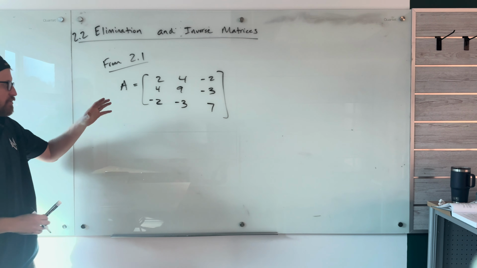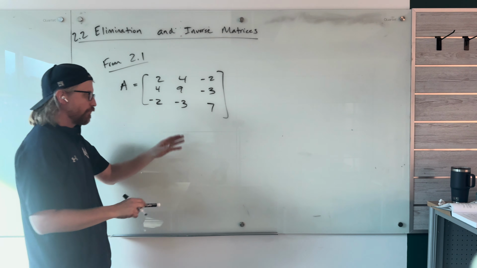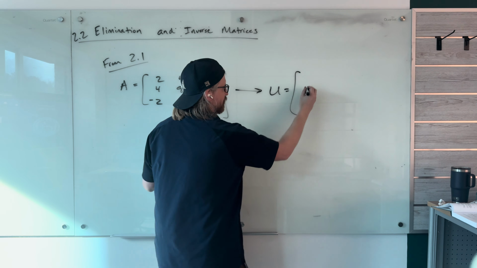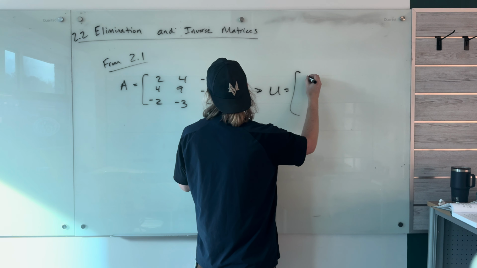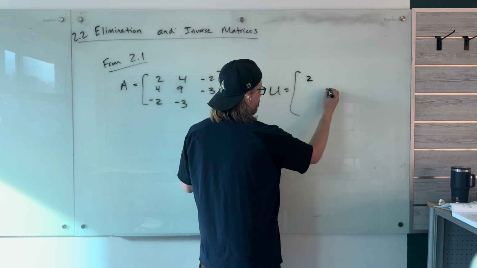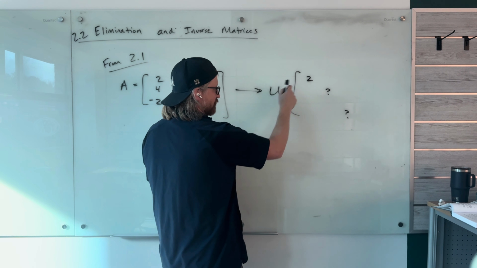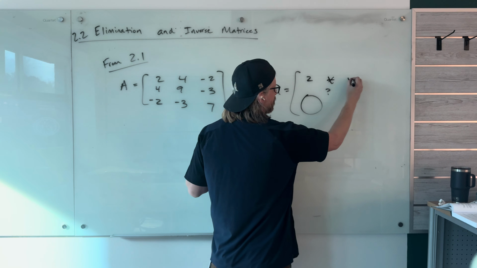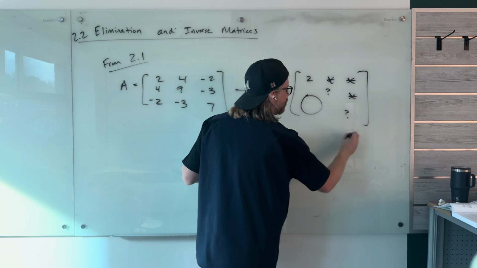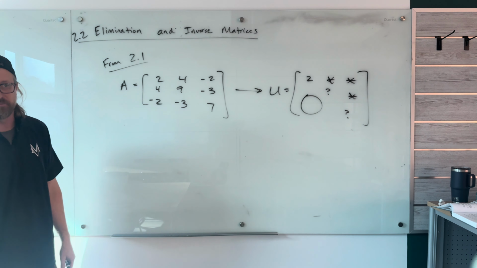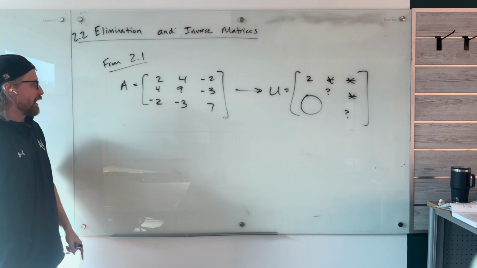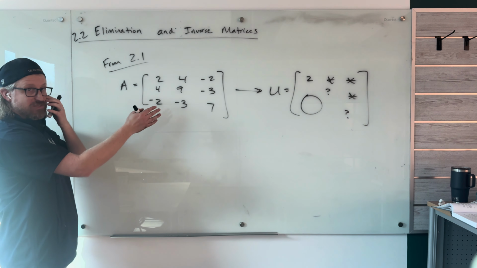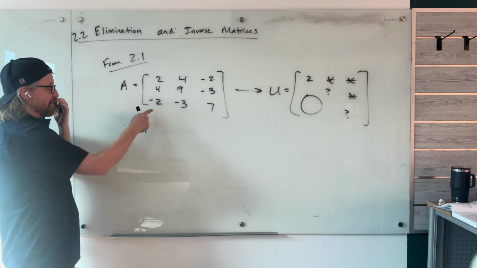The idea is that I want to use elimination and transform this into an upper triangular matrix where I have my pivots, with all of the entries below them being 0, and non-zero or possibly zero entries in the upper triangular spots. The way that we get there is by applying elimination matrices through multiplication.